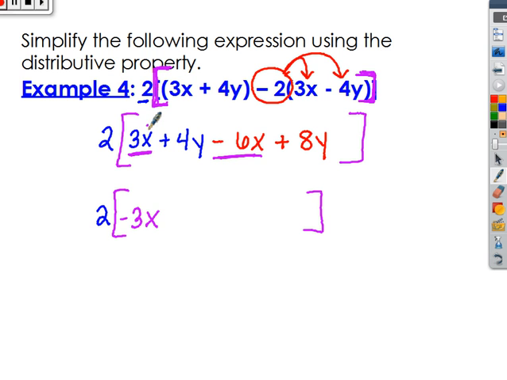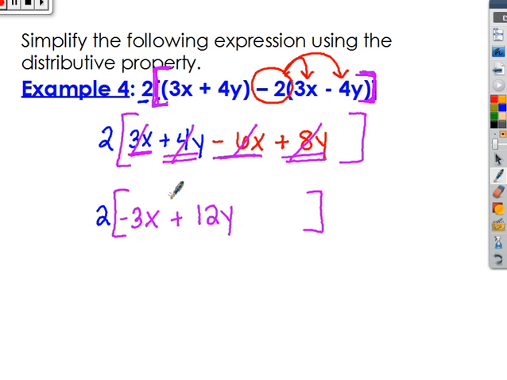And I like to cross these terms out when I'm finished so I can keep them organized. Then I have a +4y and a +8y. +4 plus 8 gives me +12y. And there's nothing left up here. So I am completely finished in my first set of parentheses or brackets, my first grouping symbols.